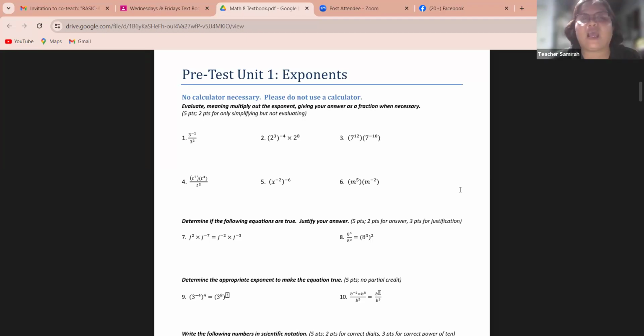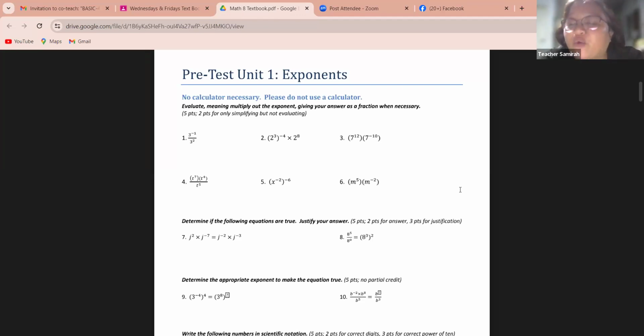Look at the base. We are going to multiply numbers having the same base, so we simply focus on the exponents. Negative 12 plus 8. They have different signs. We are going to add two numbers having different signs.